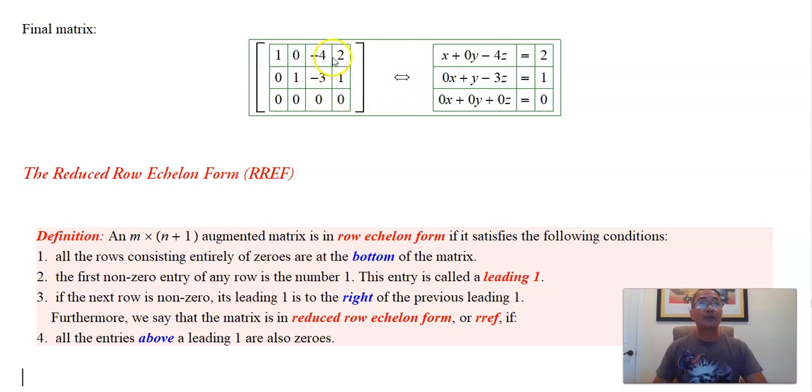Now remember, we didn't put the vertical lines, so we just have to remember that that makes equal signs in the actual system of equations. So we have x plus 0y minus 4z equals 2. 0x plus 1y minus 3z equals 1. 0x plus 0y plus 0z equals 0.